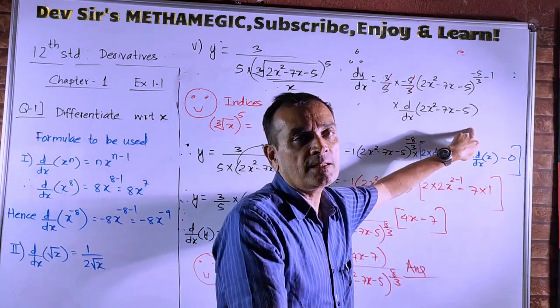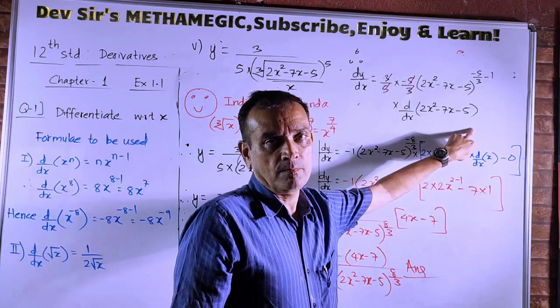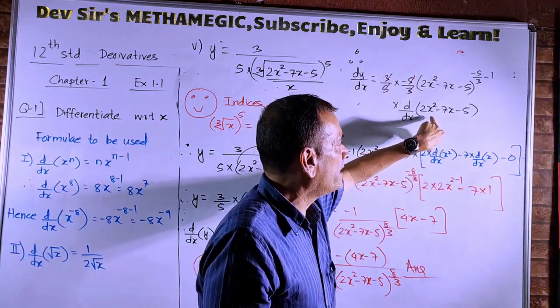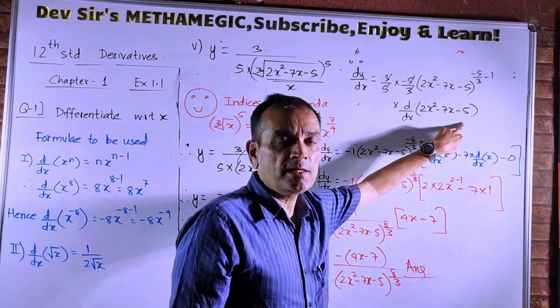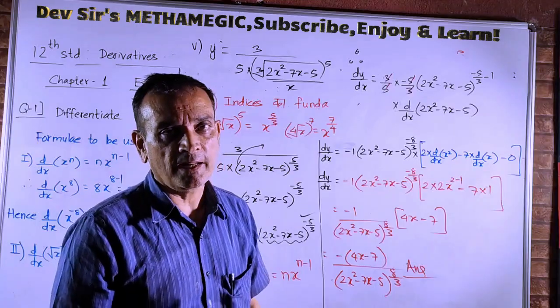This is the extra thing that we are doing in the 12th standard. Okay, so derivative of this bracket. This is called as chain rule or composite function का derivative.